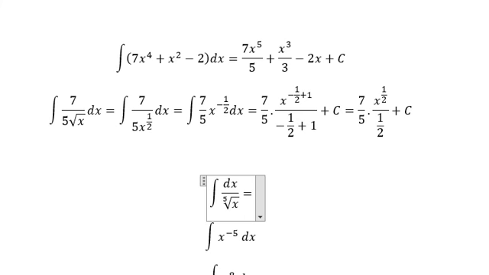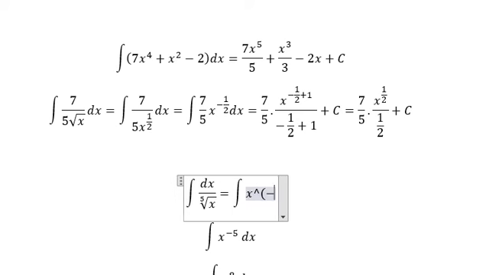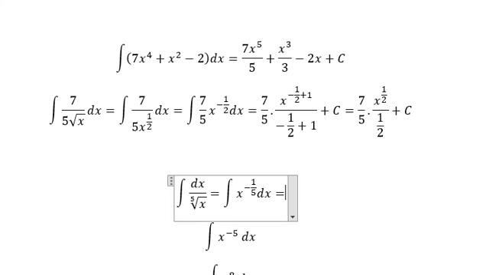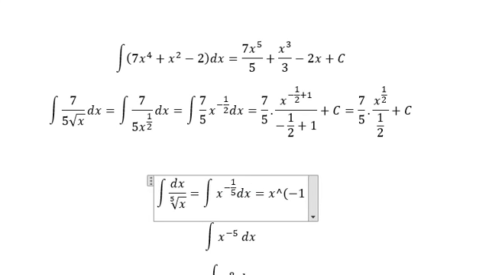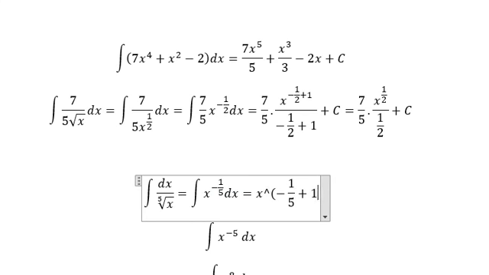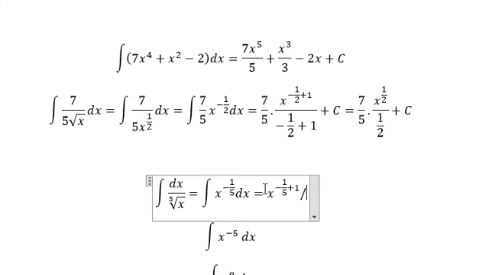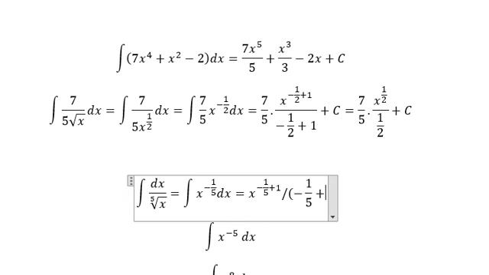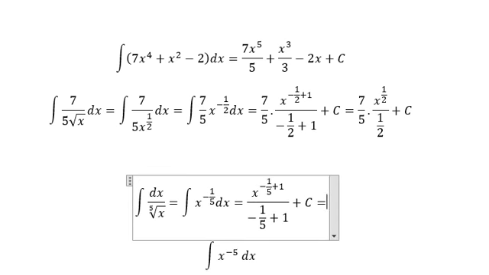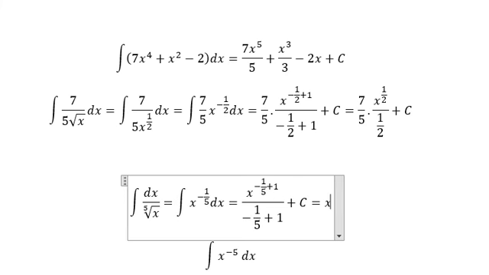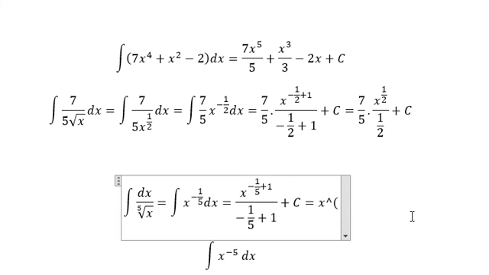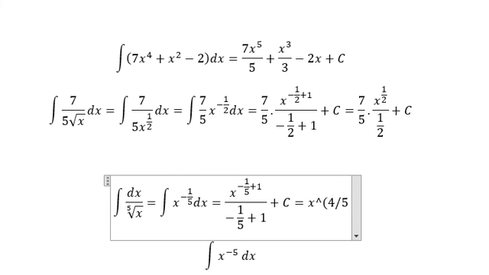For the next one, we will get the integration s to the power of negative 1 over 5 dx, and we get the final answer. And this one you get s to the power of 4 over 5.